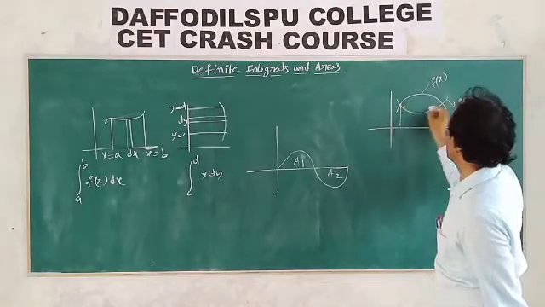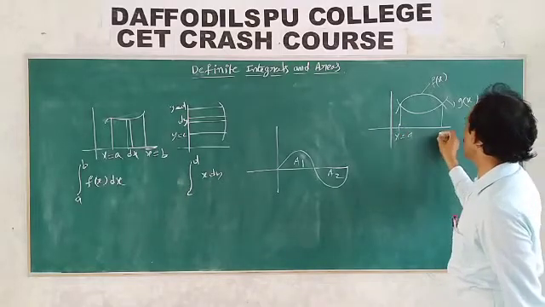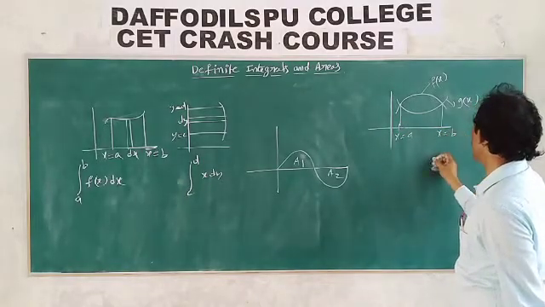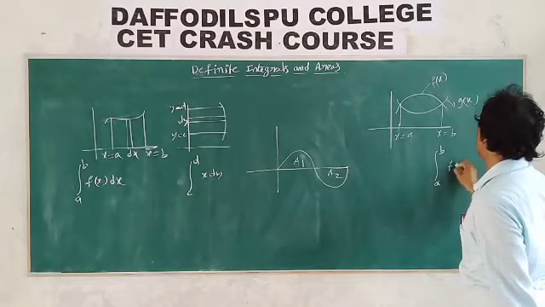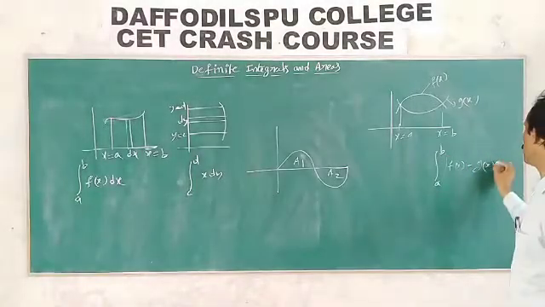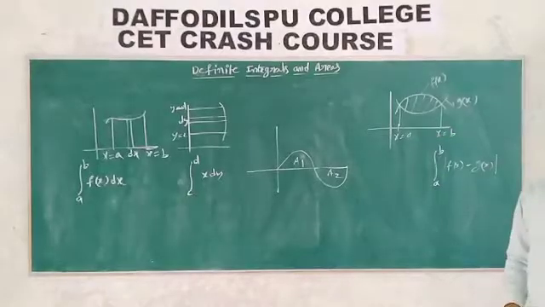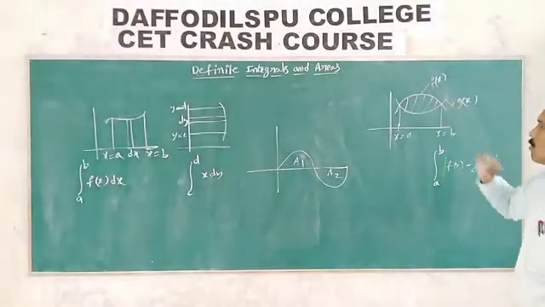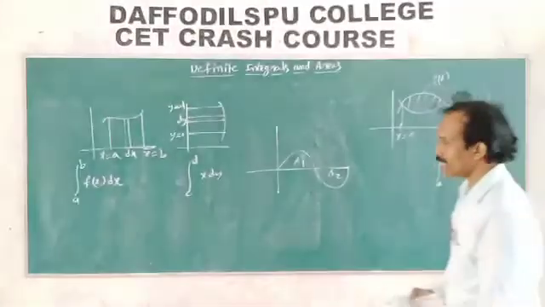To find this area between x is equal to a and x is equal to b, therefore the integral from a to b of f of x minus g of x, or else take the modulus of g of x minus f of x. So, the area between two curves and the area of a single curve, like this you will find areas.